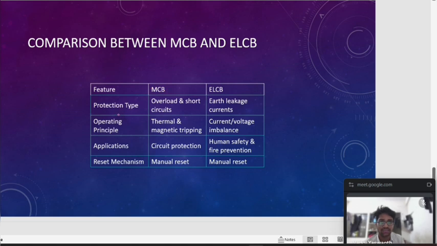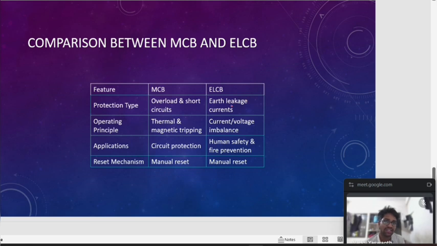And the comparison between MCB and ELCB, whatever we have seen above. What is the use of MCB? The protection type is that if there is an overload current, excess current coming, then the MCB will be turned off, so that it prevents damage to the appliances in the home.